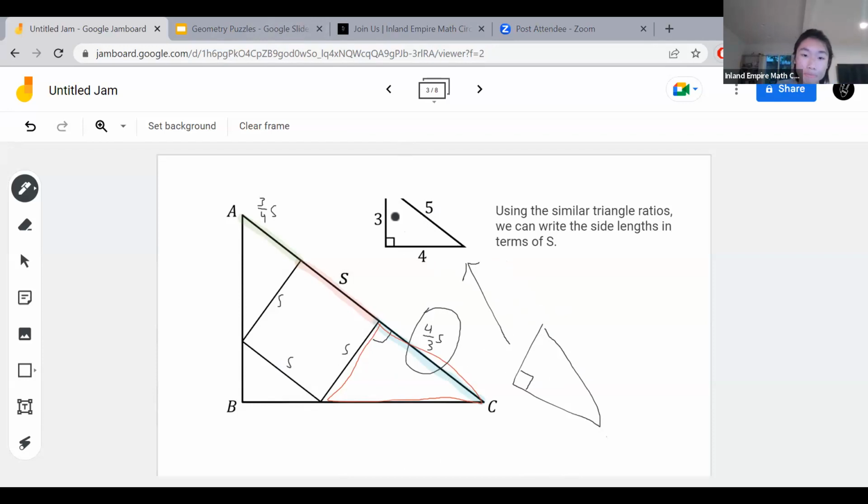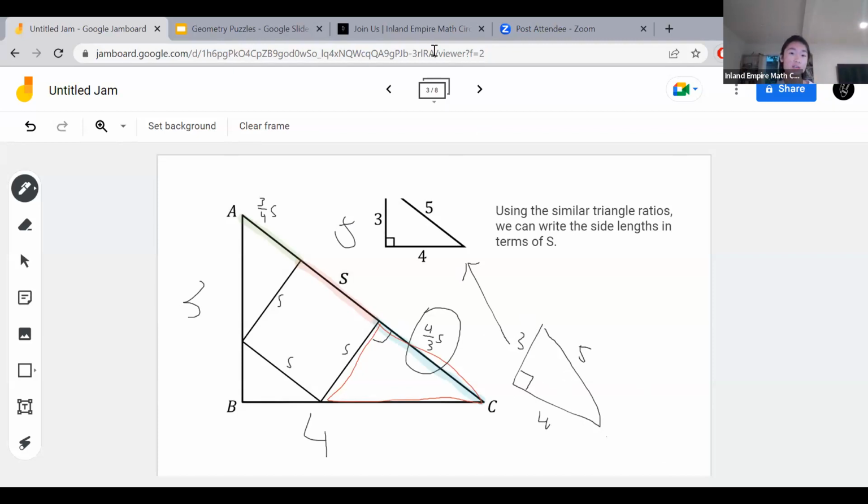Okay, so again, these are all similar, right? The big triangle here is 3, 4, and 5. And this is similar to that, so we can also write it as 3, 4, and 5, of course with some variable, right? Because this is smaller, so it's getting shrunk. So do you understand that part?